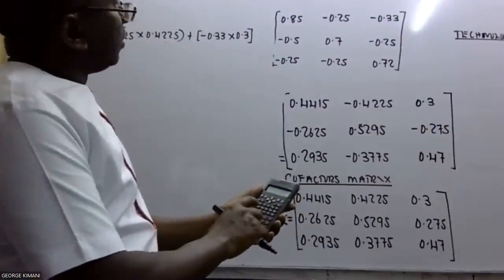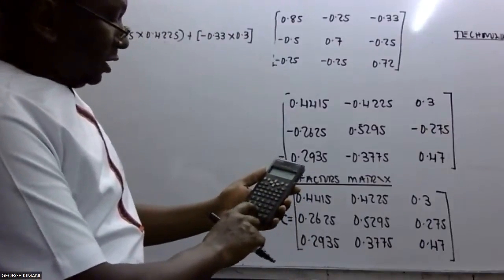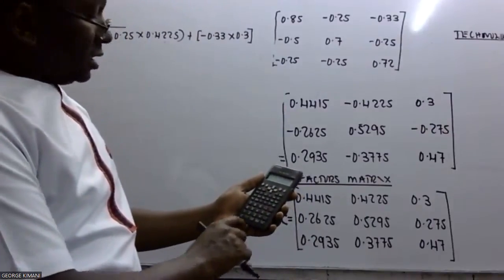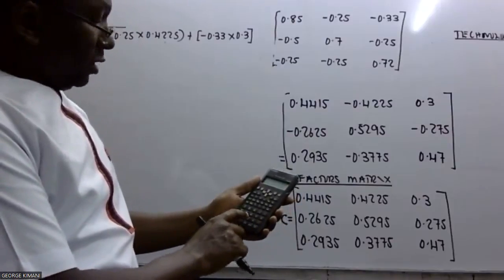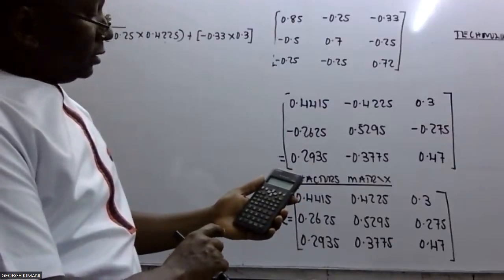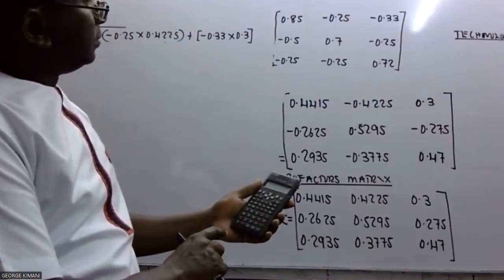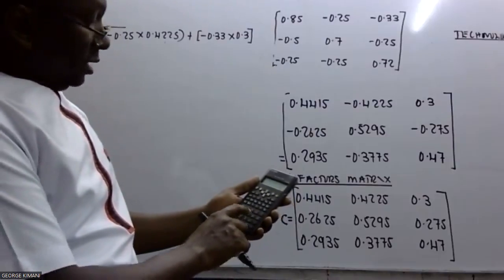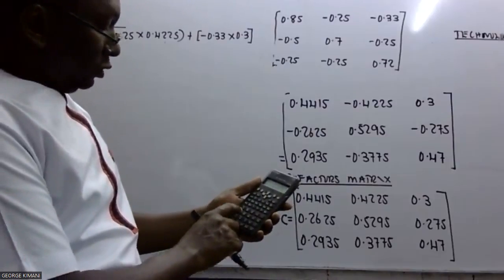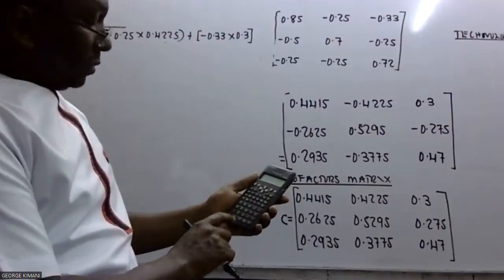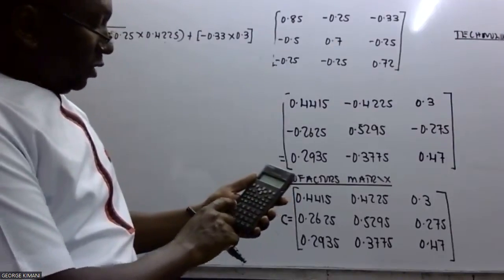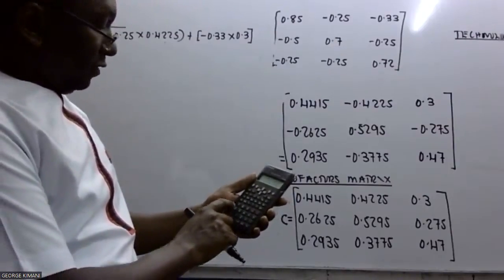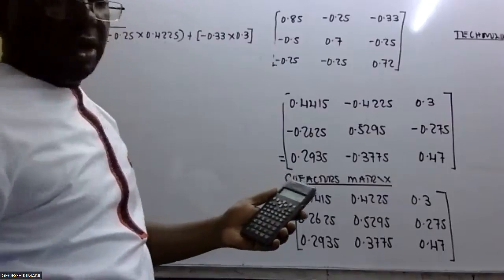Haya, tuseme. Haya, sema minus 0.33. Okay, just a minute. Minus 0.33 times 0.3, plus minus 0.25 times 0.275, plus 0.72 times 0.47, equals.